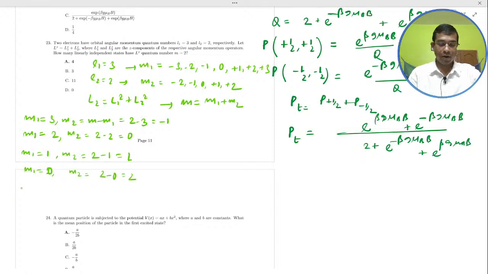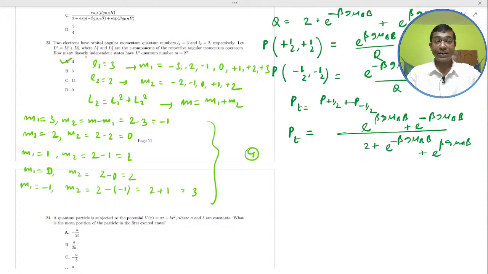And last one, for m1 equal to minus 1, m2 will become 2 minus of minus 1, that is 2 plus 1, that is 3. These are the following combinations. So 4 combinations. There are 4 combinations. That is the number of linearly independent states of Lz quantum number m equal to 2. Option A is correct.